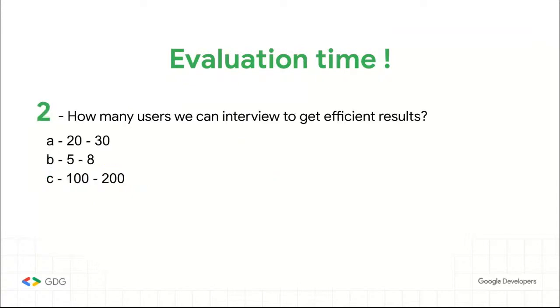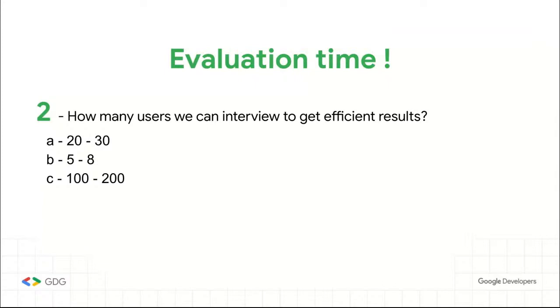So the second question is how many users we can interview to get efficient results? 20 to 30, 5 to 8, or 100 to 200? B? Yes, this is great. 5 to 8 users.